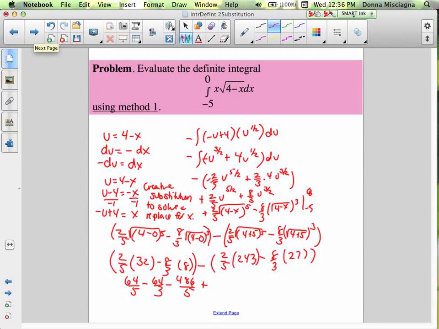This will reduce, so it's going to be a plus of 72, because that's going to be a 9. 486, right? Because that would be 243 times 2. So 64 minus 486 is going to give us a negative 422 fifths. And then we've got a negative 64 thirds and a positive 72.